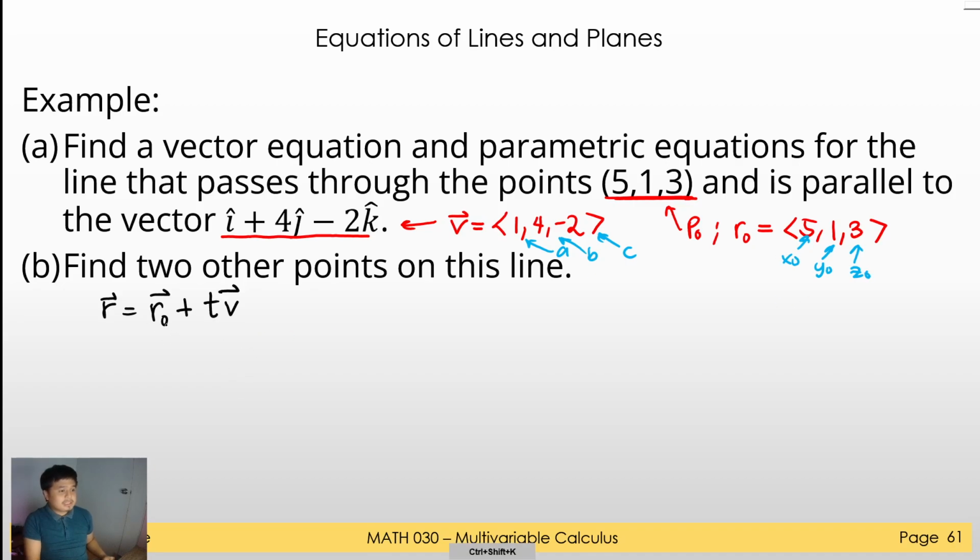Therefore, to represent this with the vector equation, we can use the standard basis notation.